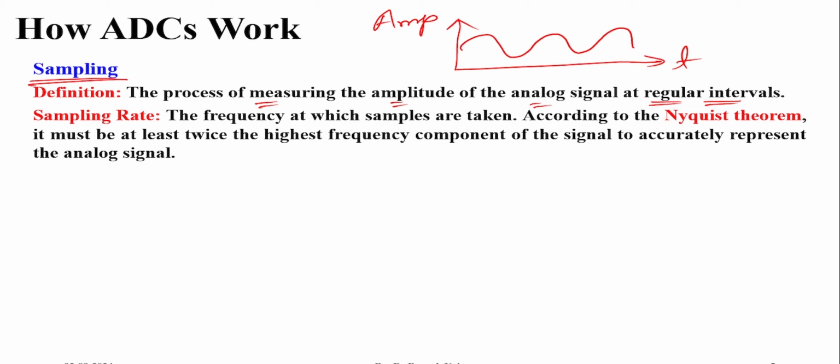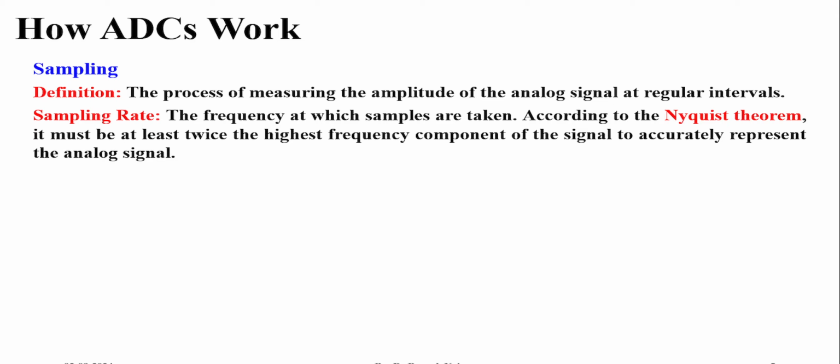What we are doing here is sampling the amplitude as well as time, taking different samples of these signals at different times. For example, if I show the samples in blue, then we'll be taking different samples of the signal at different times, and these samples will then be used for further processing. So this is the first step which is taken by the ADC, sampling.